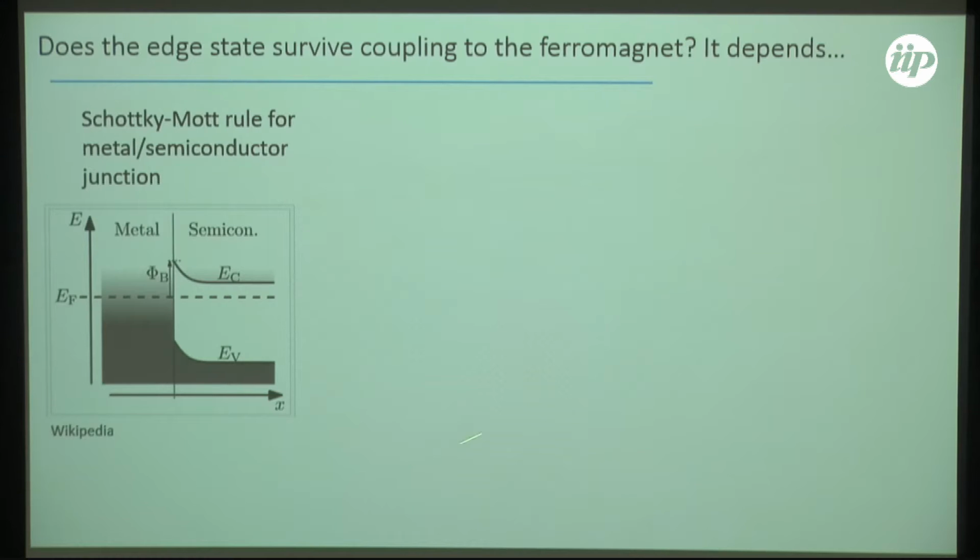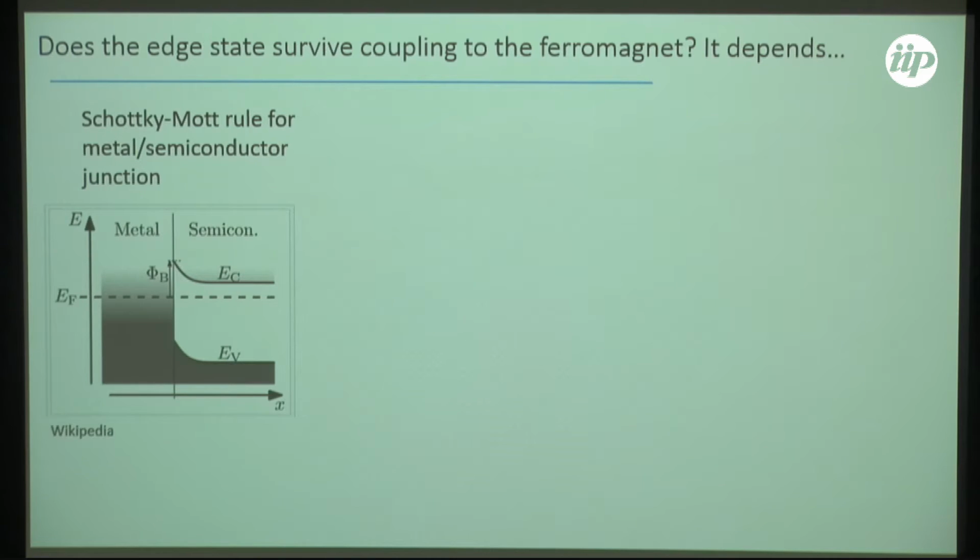The first thing that I would like to mention is that it seems not so many people have actually mentioned this. Although we call it a topological insulator, from an energetic point of view it is more like a semiconductor, because the band gap is only 300 milli-electron volts. Now you put a semiconductor together with a ferromagnetic metal or any metallic compound. It has been known since the 50s or 60s, the so-called Schottky-Mott rule for this metal-semiconductor junction.